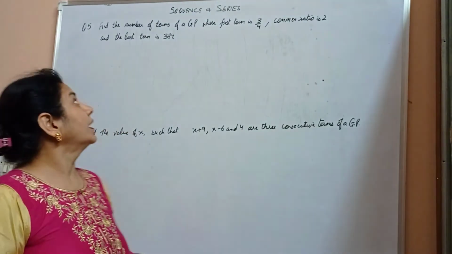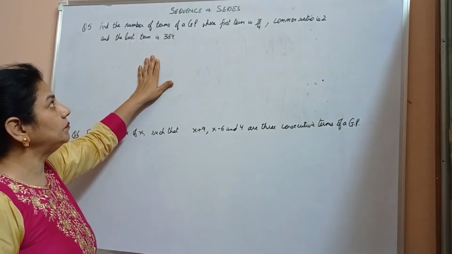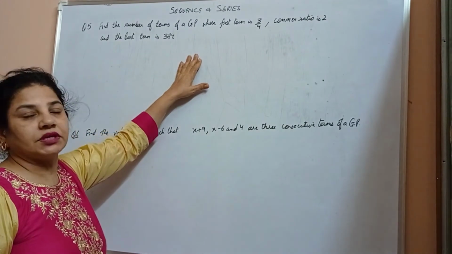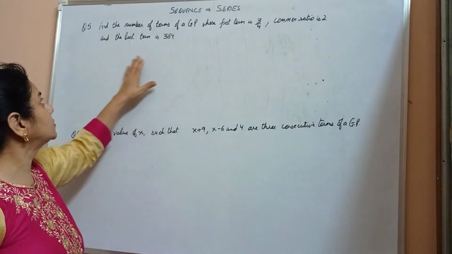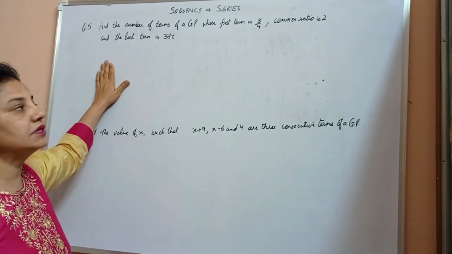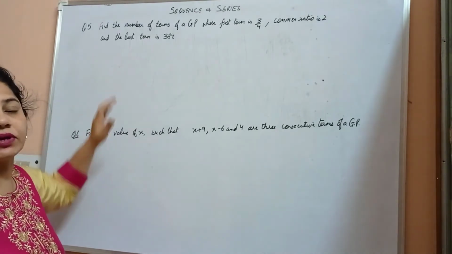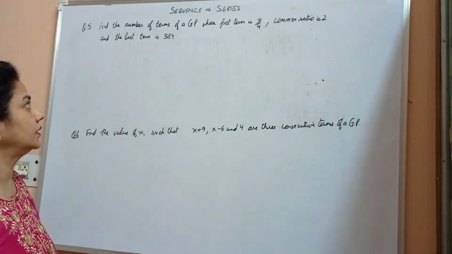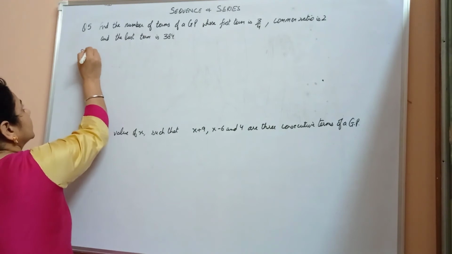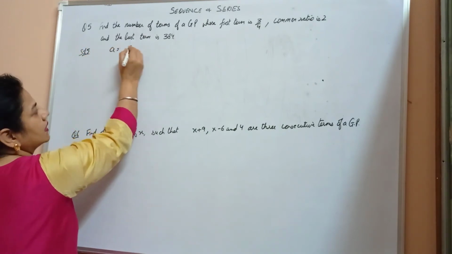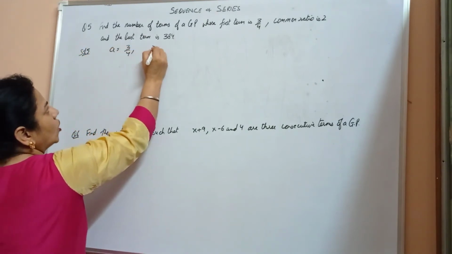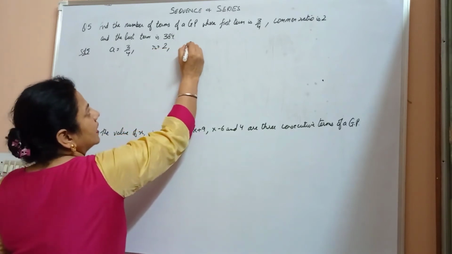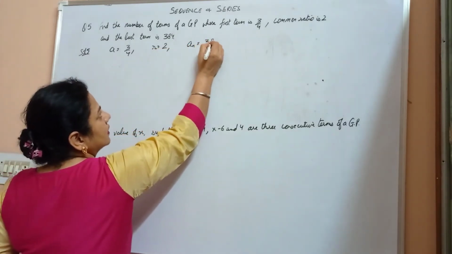So the 10th term is 3072. Find the number of terms of a GP where the first term is 3 by 4 and common ratio is 2 and the last term is 384. We have to calculate the number of terms. So here the first term A is given as 3 by 4, common ratio is 2 and the last term AN is given as 384.